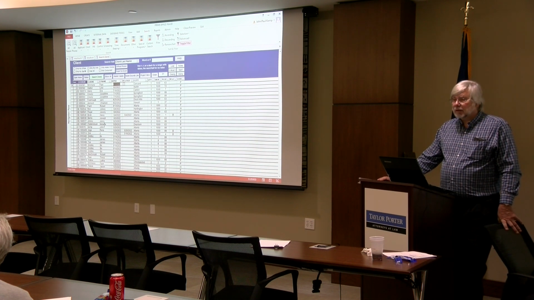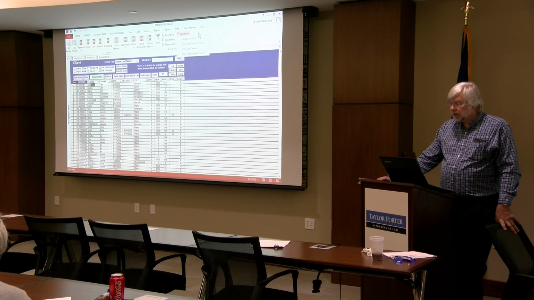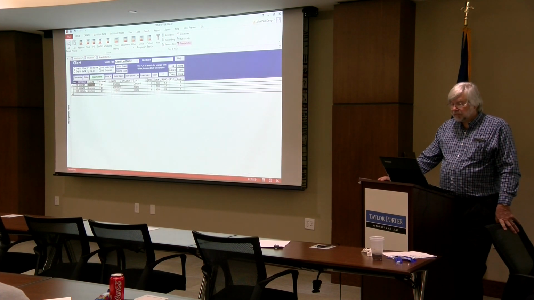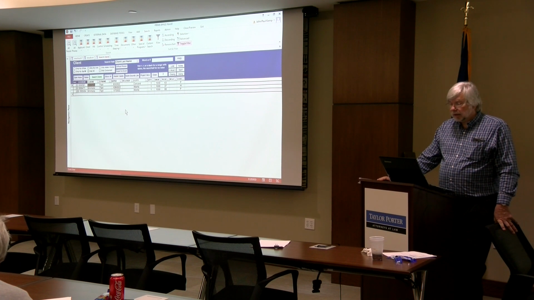You see that? So you can partially highlight something. If I want to find MONS in the client's last name and I do selection contains MONS, you see it'll pull up all the clients who have MONS in their name. So look at the selection. It does a whole bunch of things.